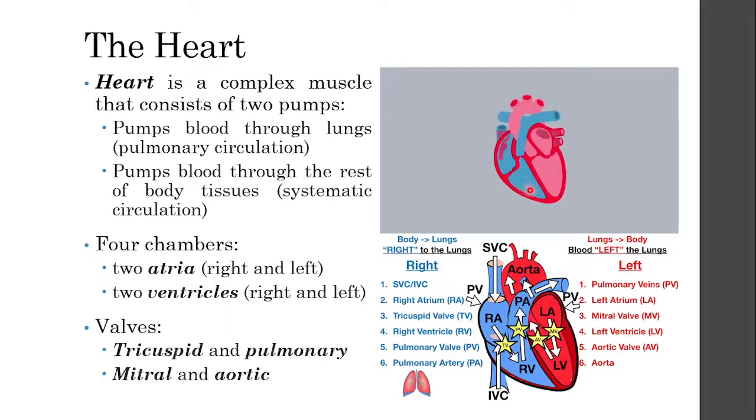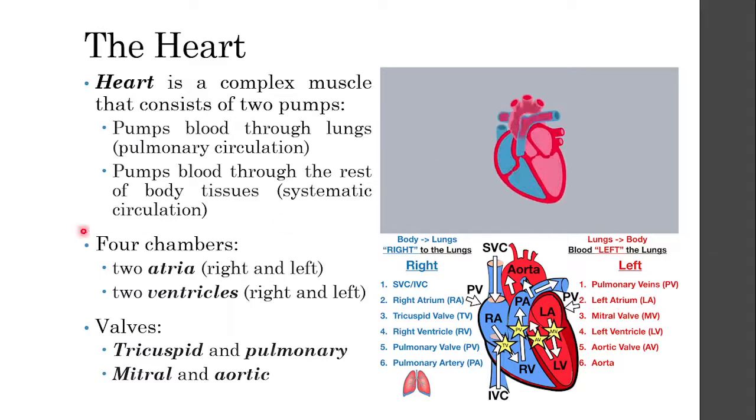So this is where the blood exits from the heart to the arteries. And then we have the aortic valve, which separates the left ventricle and leads it to the aorta. Aorta is another type of artery.